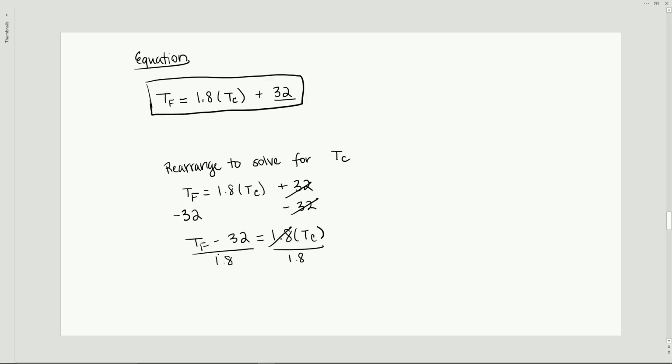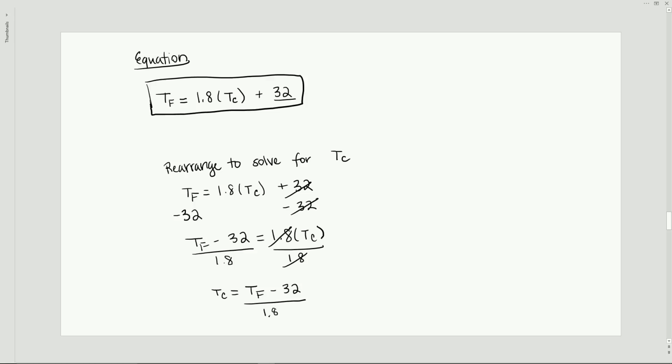The 1.8 cancels, because we have the same thing in the top and the bottom, and that value goes to 1. So now we have temperature in Celsius equals, writing it the other way, temperature in Fahrenheit minus 32 divided by 1.8.